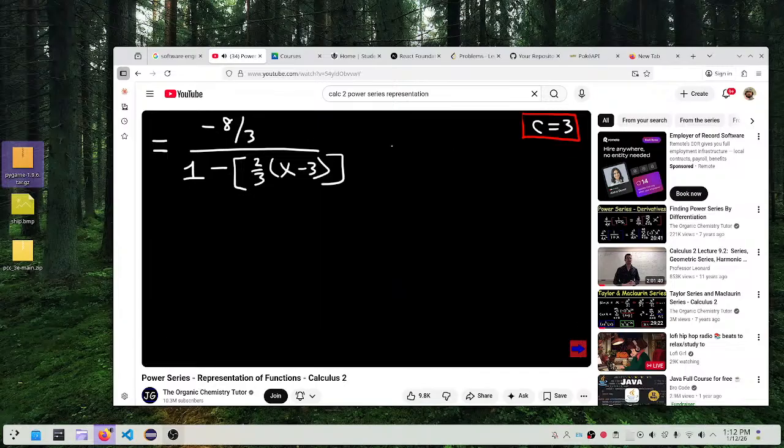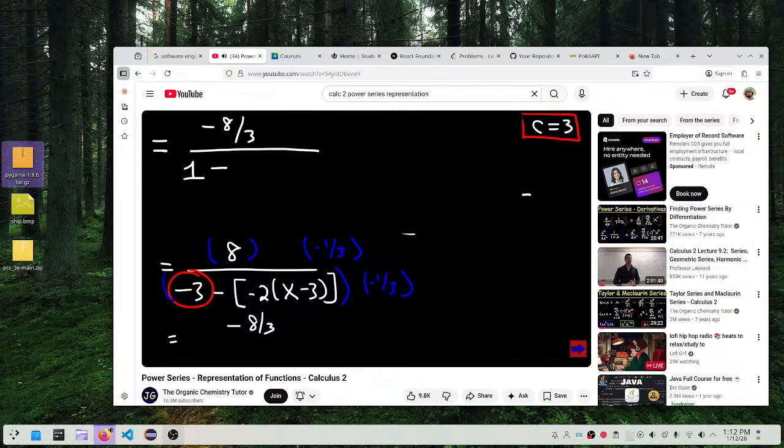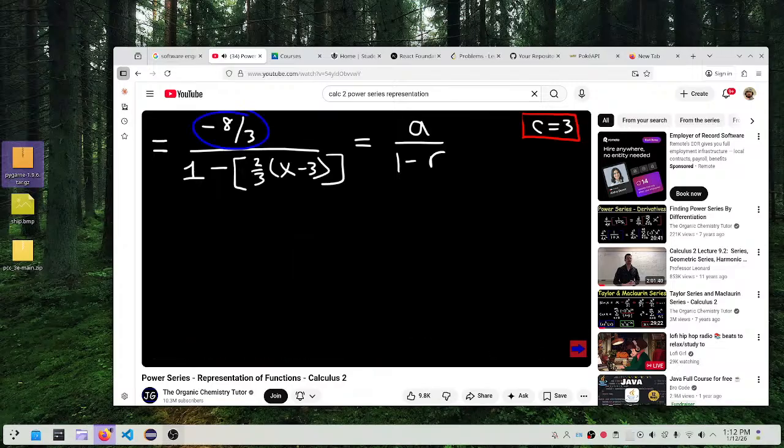So as you can see, it's now in the appropriate form. Keep this negative sign, let's not change it. And then negative 2 times negative 1/3, so we can clearly see that a, the first term, is negative 8 over 3.